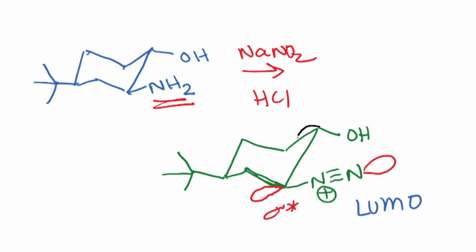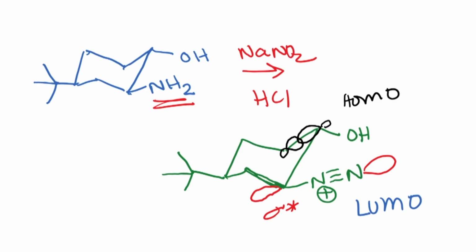And in this bond, if you consider it, this is going to be the highest occupied molecular orbital, or HOMO. And this is the bond that's going to break. Okay. So what we have to consider is that these orbitals are aligned in a way that just movement of this bond in this direction towards this sigma star will result in the formation of a new bond and also the breaking of this carbon-nitrogen bond.